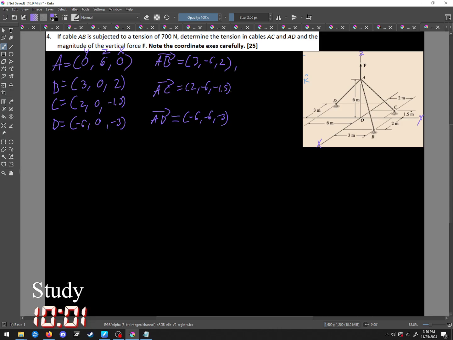And we also want the magnitude of AB, the magnitude of AC, and the magnitude of AD, which is just going to be the square root of everything squared. So we're going to have 3 squared plus 6 squared plus 2 squared, all square root, which is going to be 7.